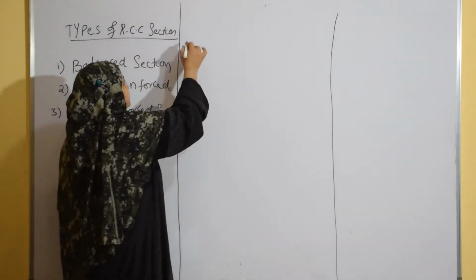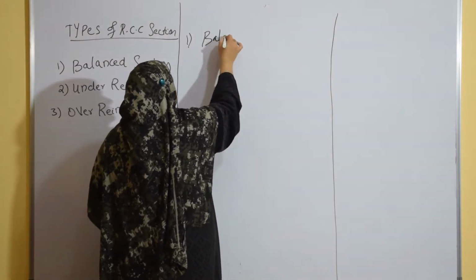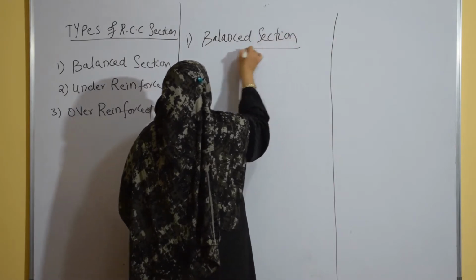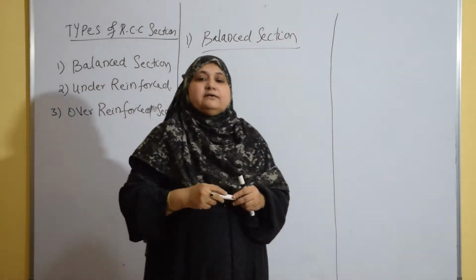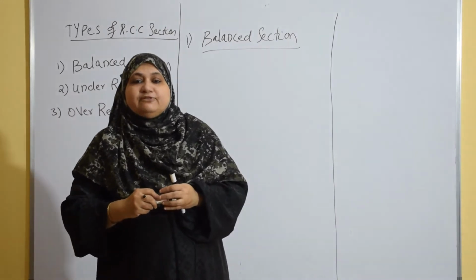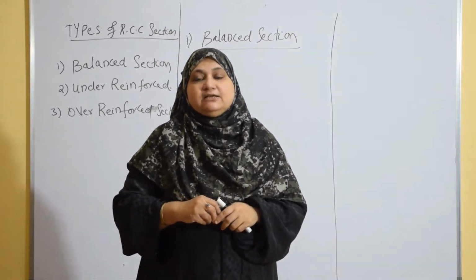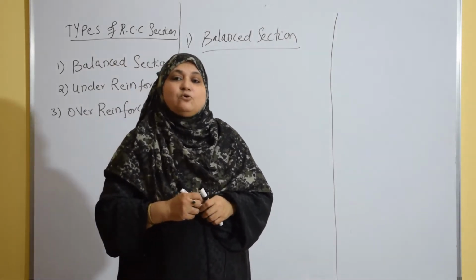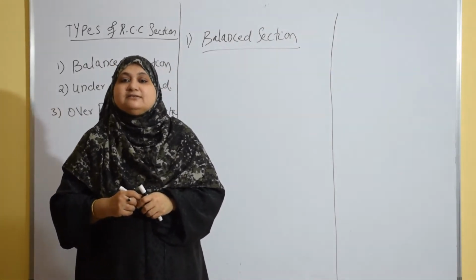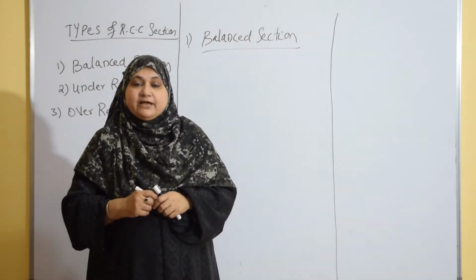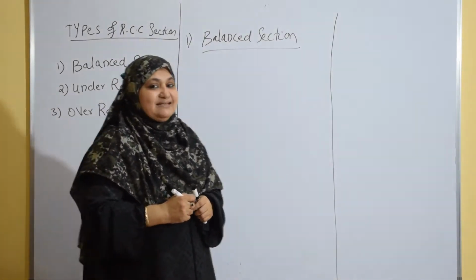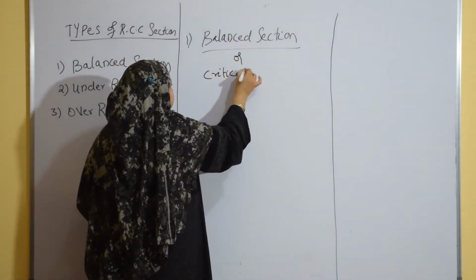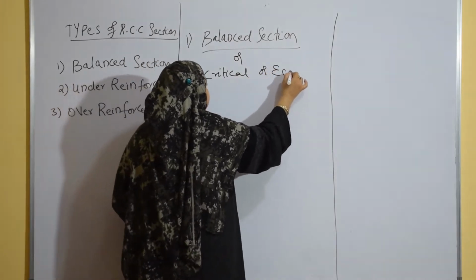Okay, now coming to the first type, balanced section. Right, if the area of reinforcement in a section is of such a magnitude that the permissible stresses in concrete and steel reach simultaneously, then such section is called a balanced section or critical section or economical section.